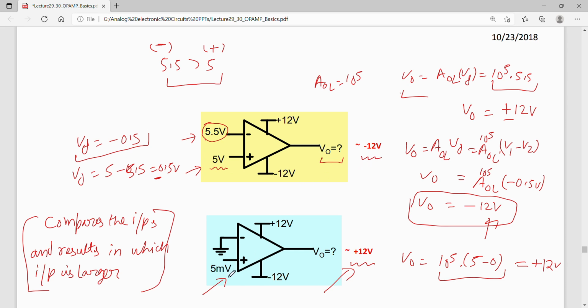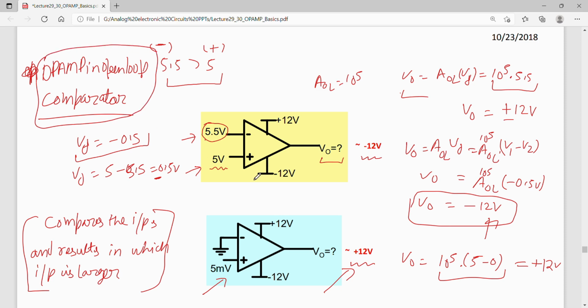If the input at the non-inverting terminal is large, the output will be clipped to plus 12 volts or plus VCC. So this is how an op-amp in open loop can act as a comparator.